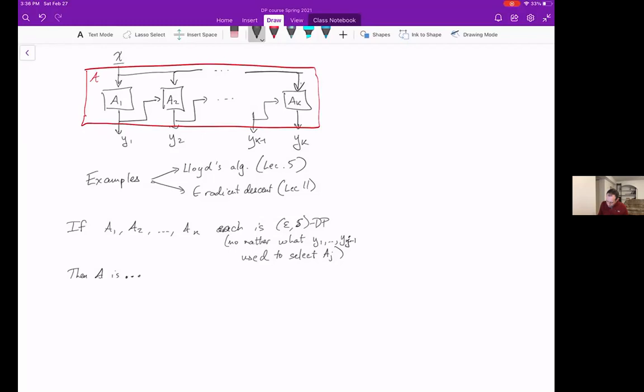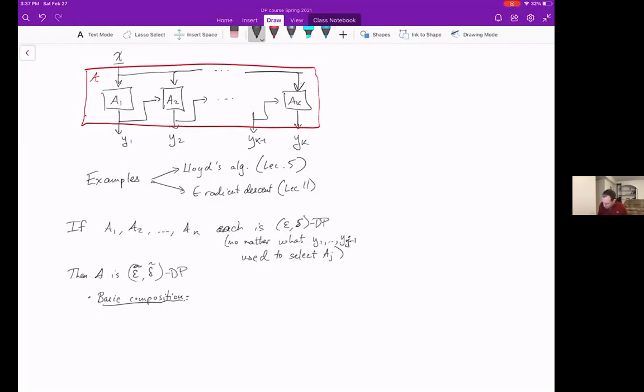Well, what we saw last lecture and in lecture 5 were what are called basic composition statements. Let's write it this way: A is epsilon tilde, delta tilde differentially private.